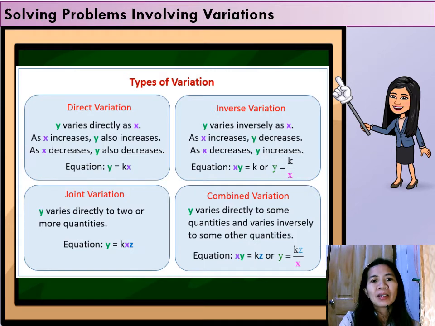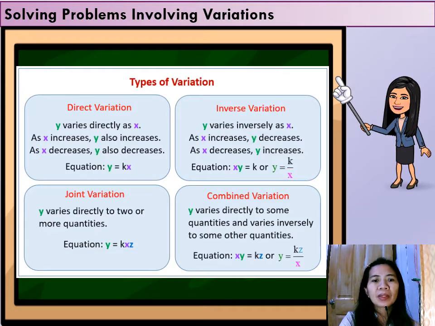Now, how about the equation of inverse variation? So we have x times y equals k. We multiply the two variables to get the constant, or we have y equals the constant divided by x.